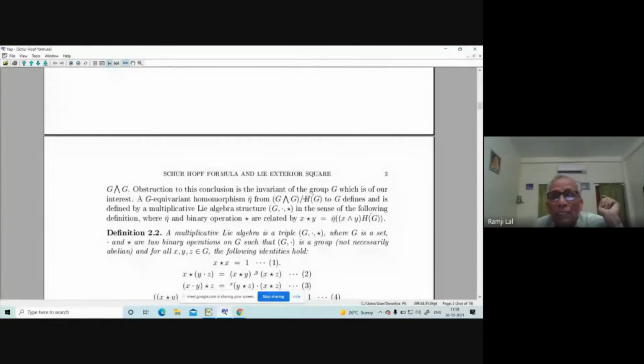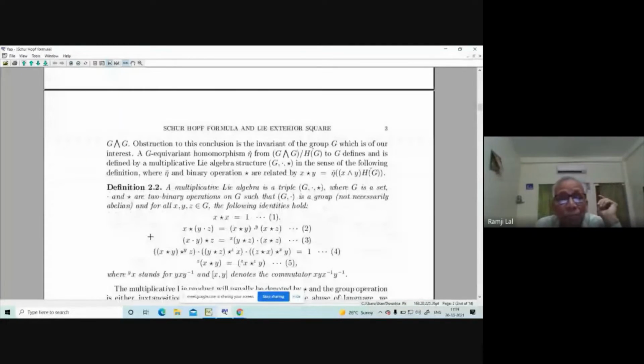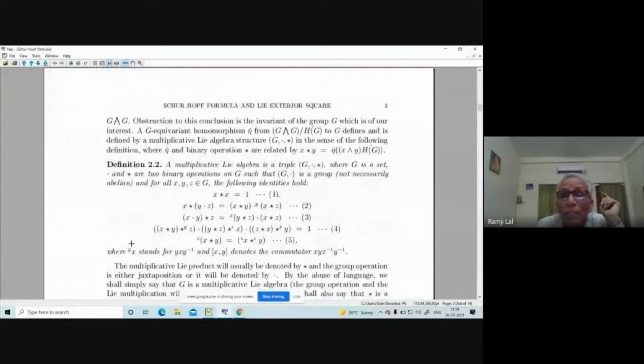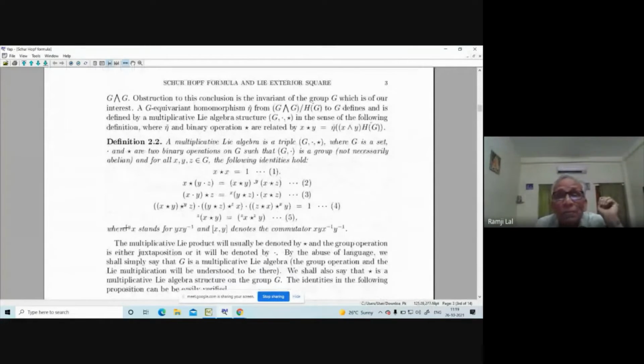This HG cap is the G subgroup of G cap G generated by the generalized Schur multiplier of G, and this homomorphism defines and is defined indeed by the multiplicative Lie algebra structure G dot star, in the sense of the following definition, which was given by Ellis. So now I formally define the multiplicative Lie algebra as was introduced by Ellis.